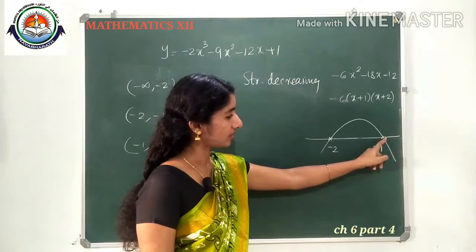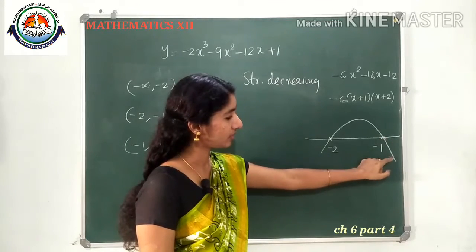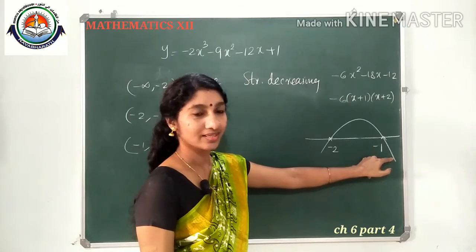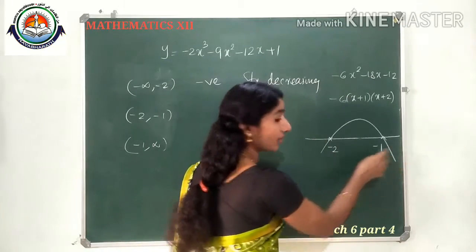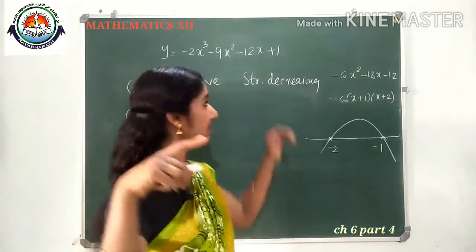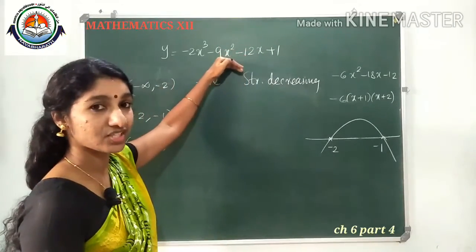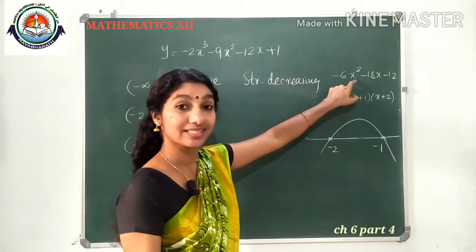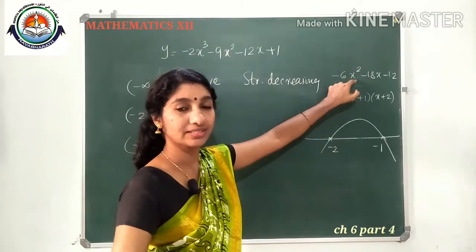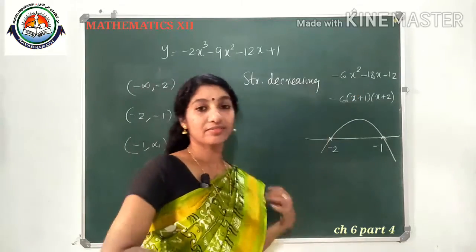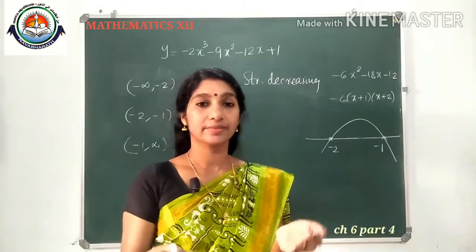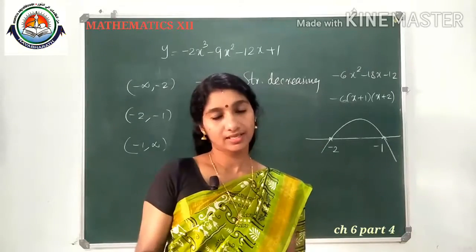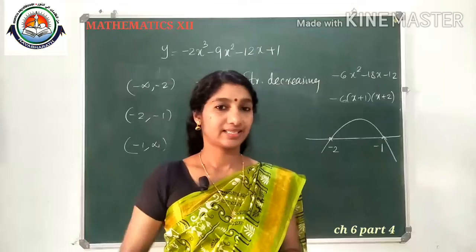And from minus 1 to infinity also the curve is less than 0. Whose curve is this? It is the dy by dx curve, not the original function's curve. That means our derivative's curve. Where the derivative's curve is positive, we can say increasing, and where it is negative, we can say decreasing.